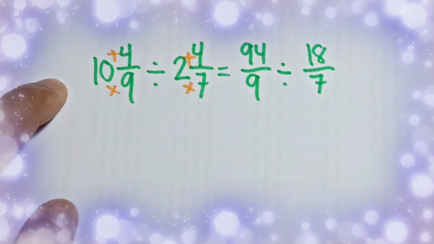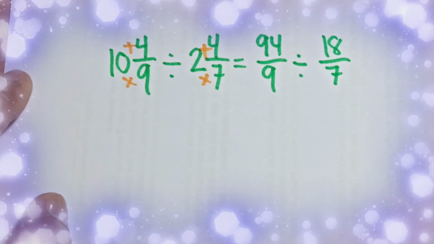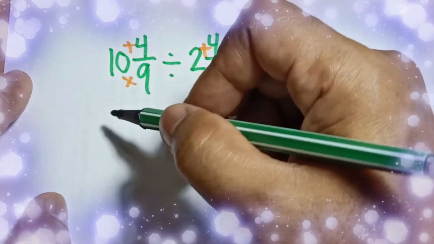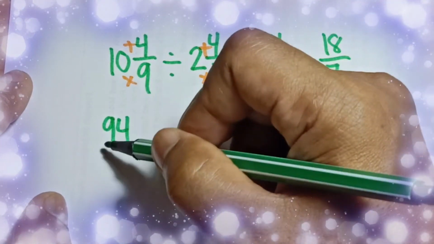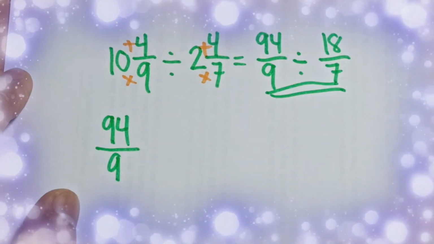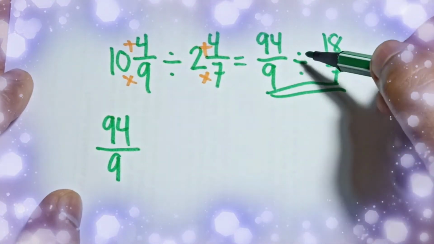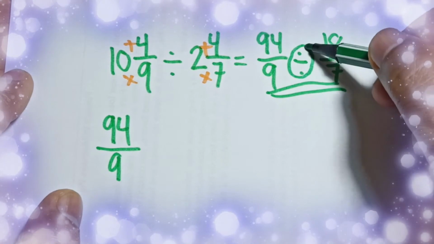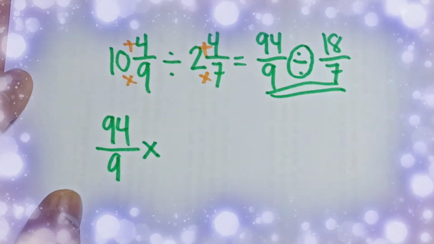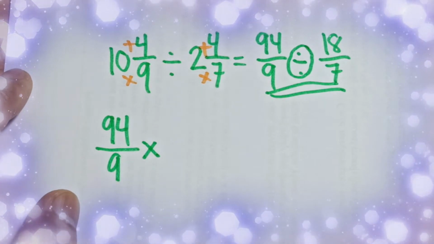Now the next step is we just copy the first fraction, 94 over 9. Then instead of division, we change it into multiplication.